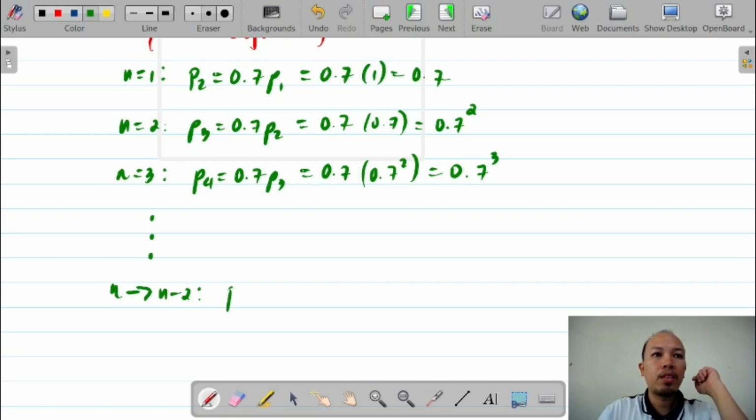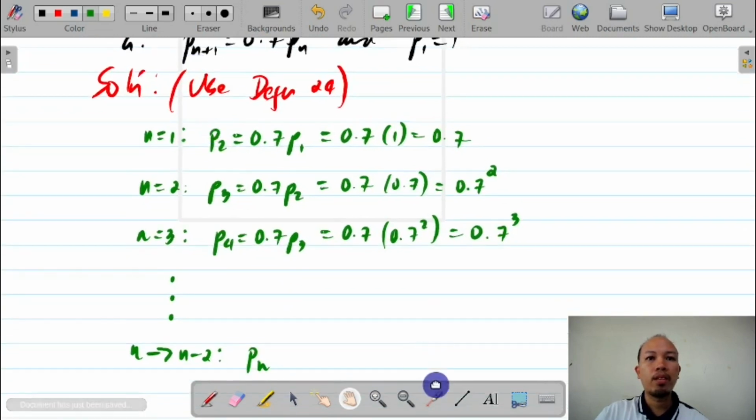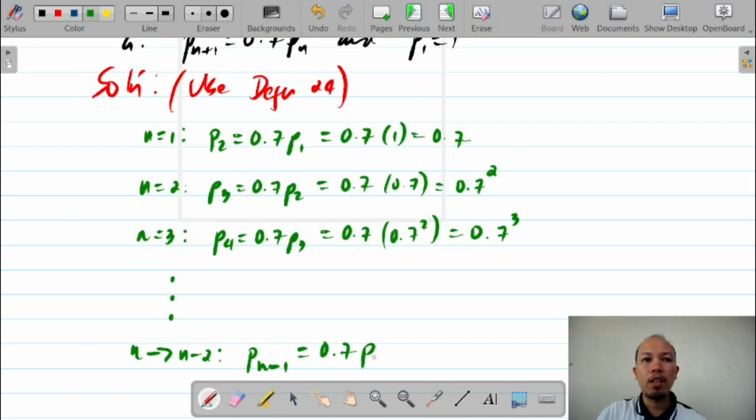So we have p sub n minus 2 plus 1, which is n minus 2 plus 1 is n minus 1. So this is 0.7 p sub n minus 2.